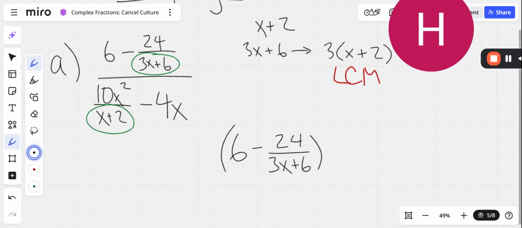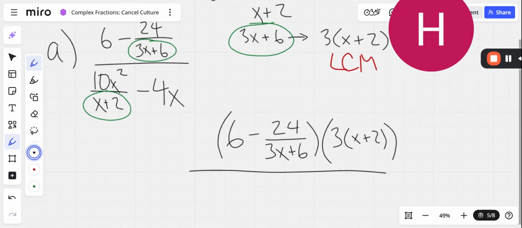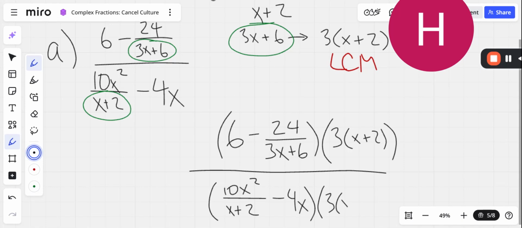This entire numerator is going to get multiplied by 3 times x plus 2, which is really just 3x plus 6, right? And in the denominator, we're going to do the same thing. So we're going to multiply this 10x squared over x plus 2 minus 4x by 3 parentheses x plus 2.